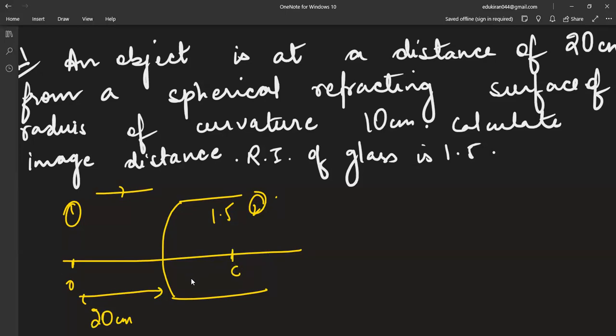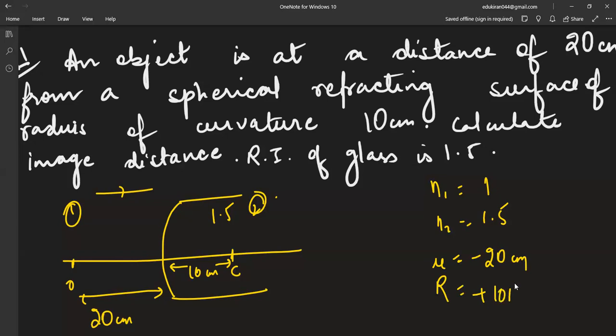Center of curvature must be somewhere here, which is 10 centimeter. So first refractive index is 1, second refractive index is 1.5. Object distance is minus 20 centimeter. Radius of curvature is plus 10 centimeters, and image distance you have to find out.